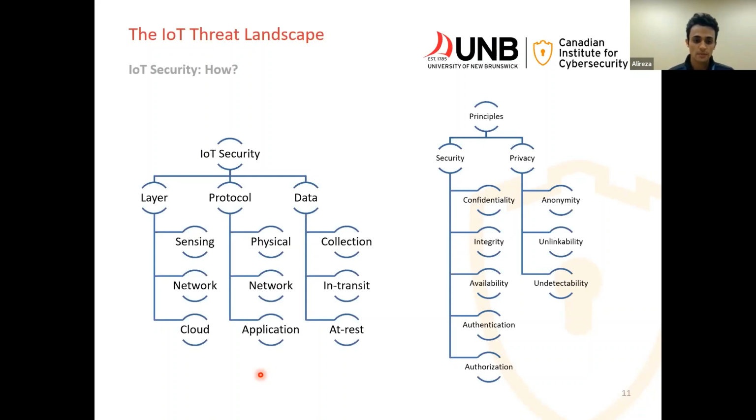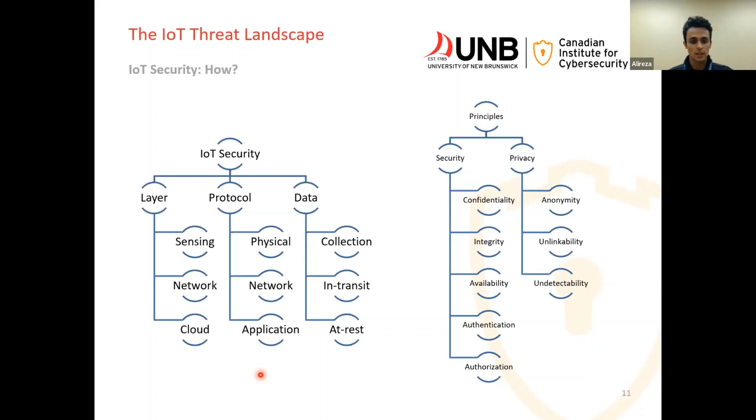Then we have the data. So we need to take care about data collection, data in transit, and data at rest. The first one is really inherent in IoT devices, and we don't have it in IT or traditional cybersecurity. So these end devices, these sensors, if the attacker has physical access to them, they can manipulate the device, and the device will send us abnormal data, which we don't want.